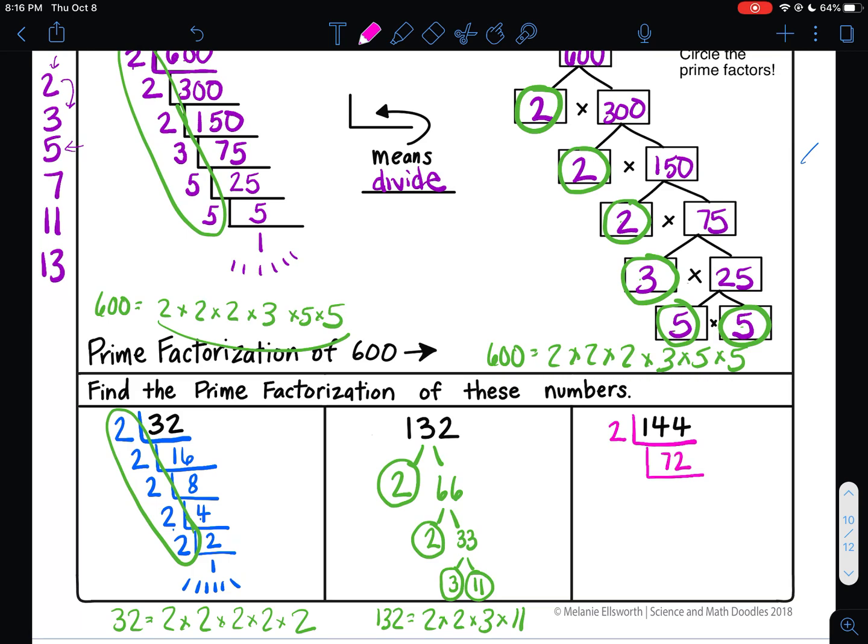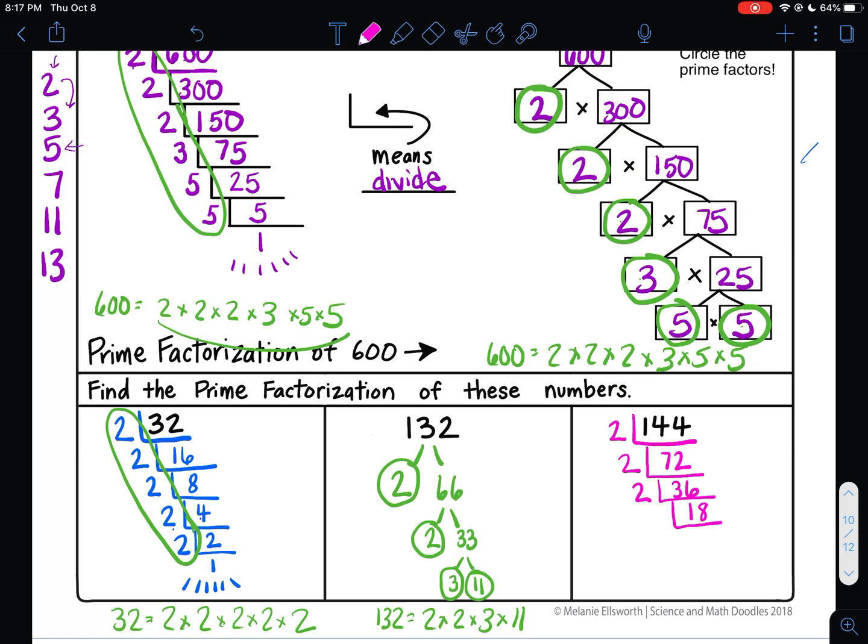So 72 is divisible by 2. So 2 goes outside. 72 divided by 2 is 36. 36 is still divisible by 2. So we're going to divide out another 2. And 36 divided by 2 is 18.